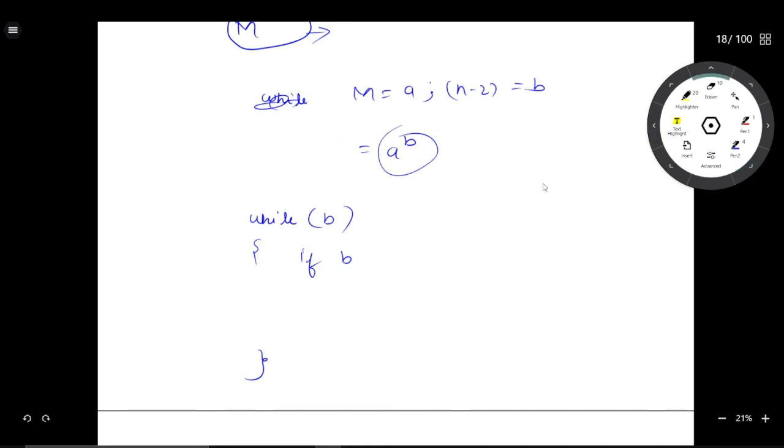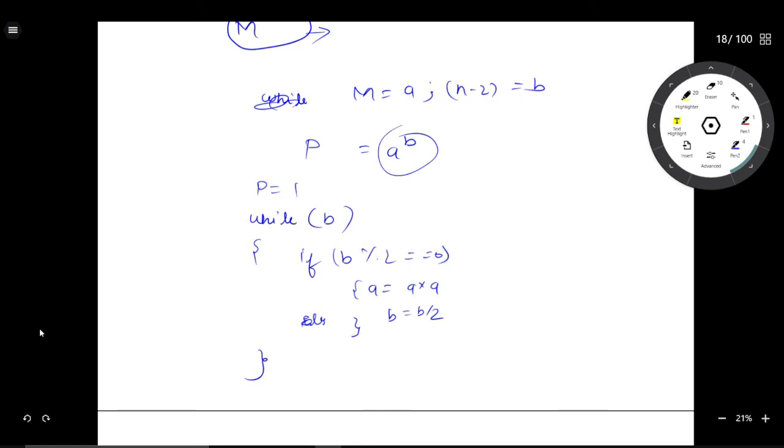Let me erase it. Let me give another variable name. Let it be p. We have to find p. Initially we will give p is equal to 1, and if b modulo 2 is equal to 0, what means that if b is divisible by 2, then what we will do, a is equal to a into a, and else a into a we will do, and b is equal to b divided by 2.